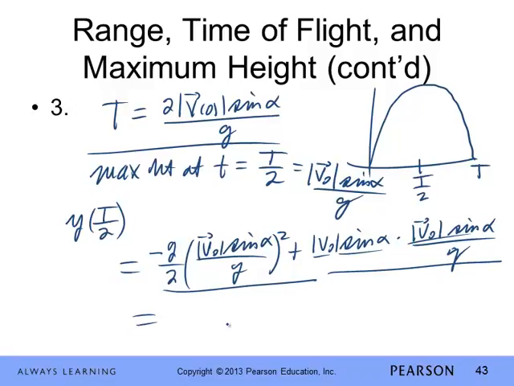You get speed times sine of alpha, quantity squared, over 2g. There's the little formula that tells you what the maximum height is. You just plug in the initial speed times the sine of the angle of inclination, square that product, and then divide by 2g.